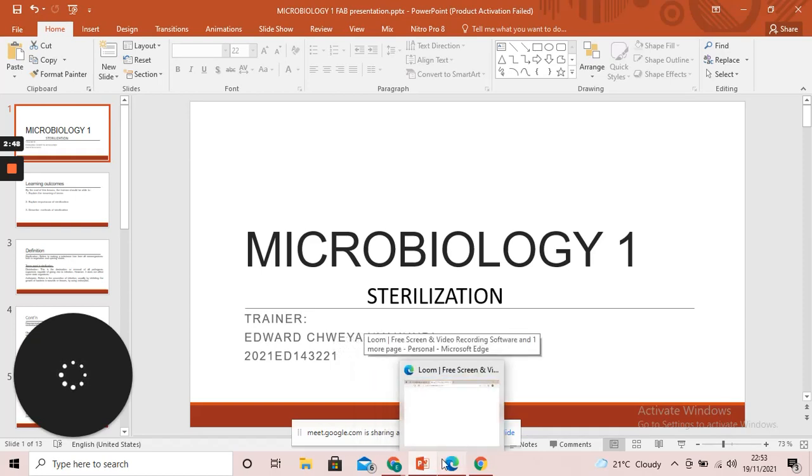Maybe just to have a brief recap on our previous lesson, we had studied the topic called safety, where we learned about the different types of labs. We also studied the basic lab infections which can occur in the laboratory.